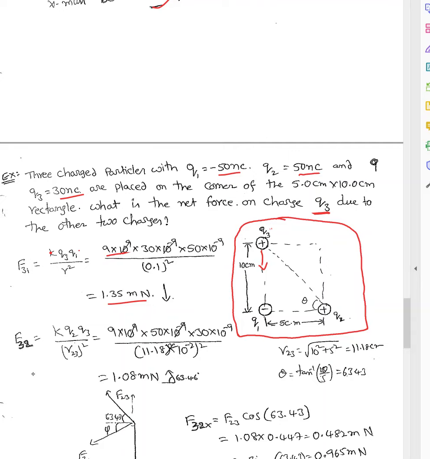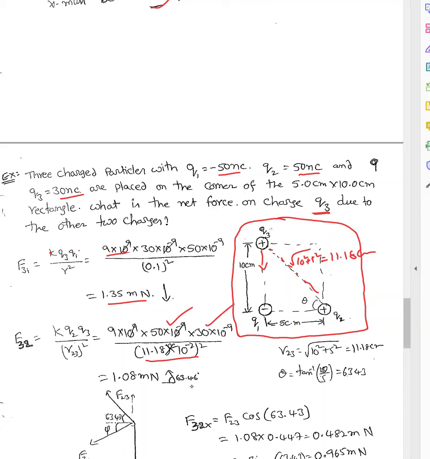Now the force on 3 because of charge 2. You need to find this distance using the Pythagorean theorem: 10 squared plus 5 squared, in centimeters, gives 11.18 centimeters. Convert that into meters: 11.18 times 10 to the power of minus 2, whole squared, with 50 nano and 30 nano.